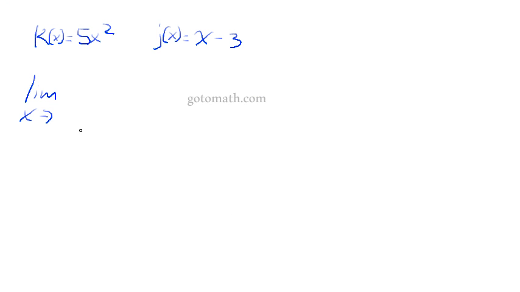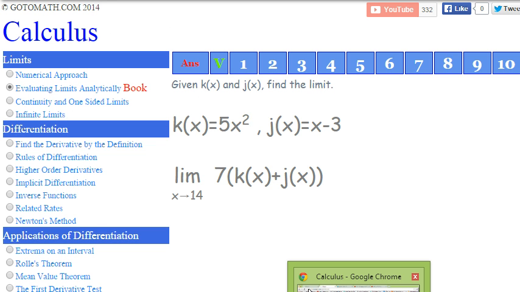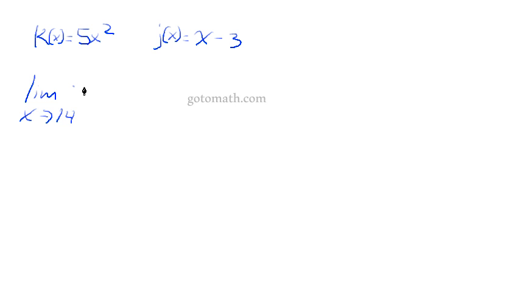Yep, as x approaches 14 and 7. Okay. Want to make sure we get it right. So we have k of x plus j of x. And we got this scalar multiple out here.